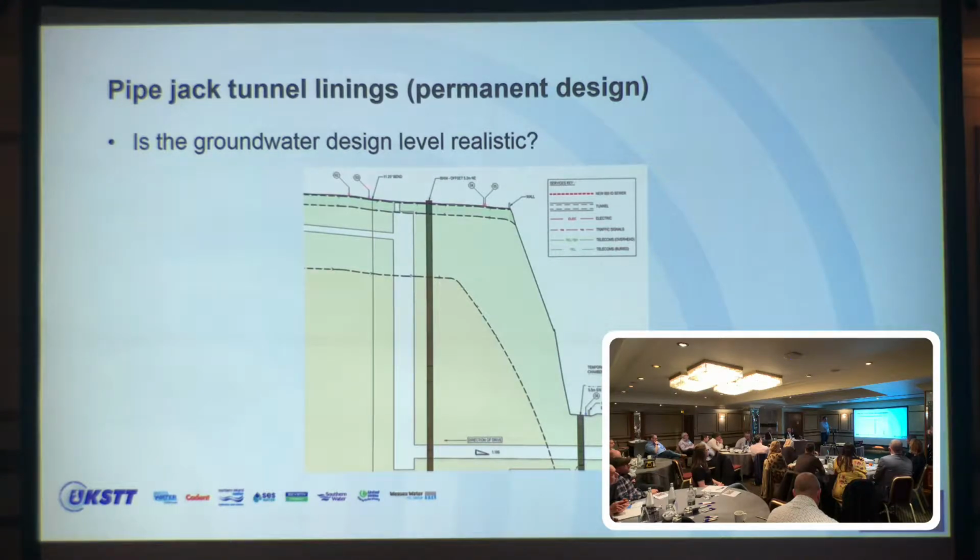So really, there's no possible way that the groundwater could ever get to there, because it'd be free draining out of there long before you had that situation. And that's just one example of how sometimes you could potentially challenge the standard, or how things might not appear as they are.